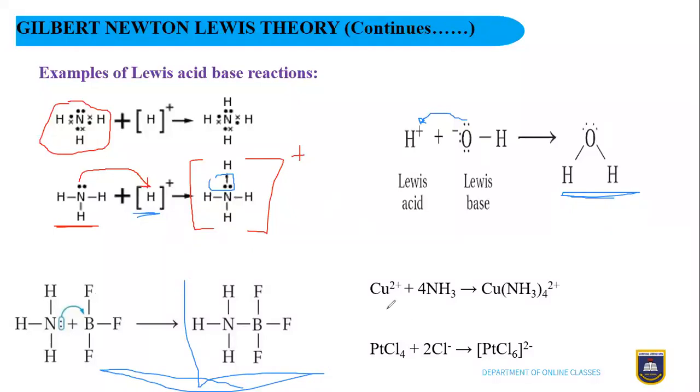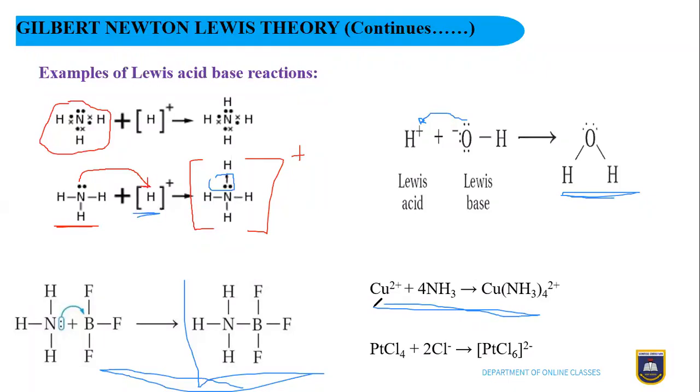Then there are others, like this. The formation of complex ions happens through this process. Complex ions are where you have the central atom being a transition metal surrounded by certain molecules of another element, mostly inorganic.